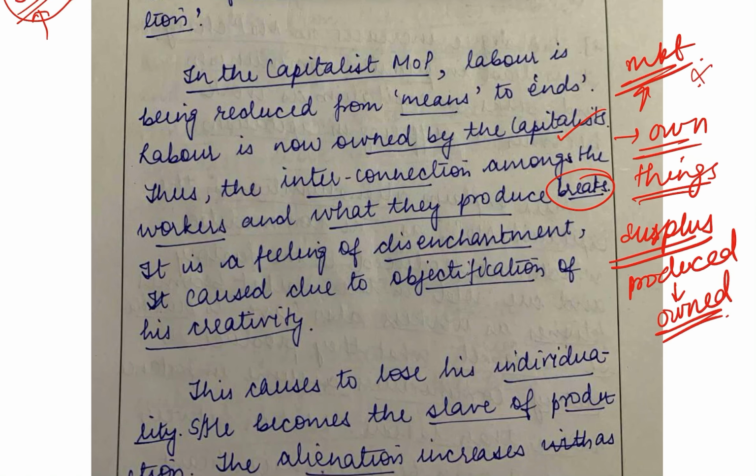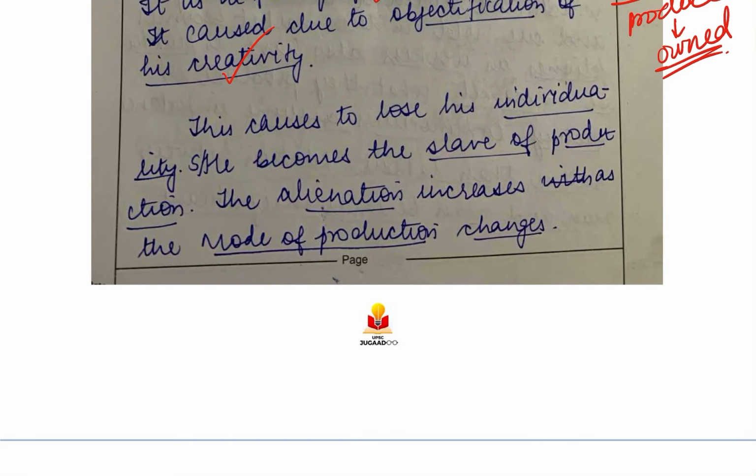So it is a feeling of disenchantment, and it is caused due to objectification of his creativity. This causes him to lose his individuality. He becomes a slave of production. The alienation increases as the mode of production changes.